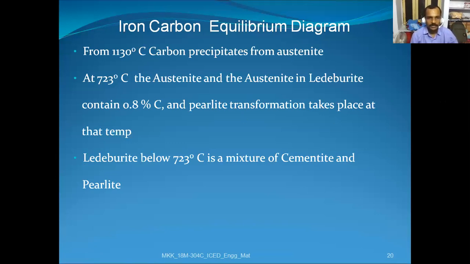Below 723 degrees centigrade, ledeburite is a mixture of cementite and pearlite, and this pearlite is again a mixture of ferrite and cementite.